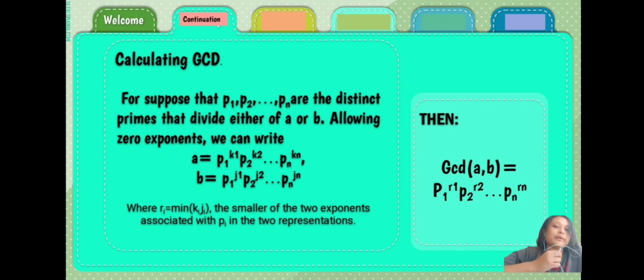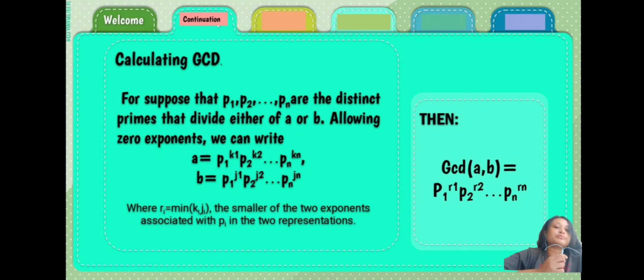So by allowing zero exponents, we can write a equals p sub 1 raised to the power of k sub 1 times p sub 2 raised to the power of k sub 2 up to p sub n to the power of k sub n. For b, we have b equals p sub 1 raised to the power of j sub 1 times p sub 2 raised to the power of j sub 2 up to p sub n raised to the power of j sub n.